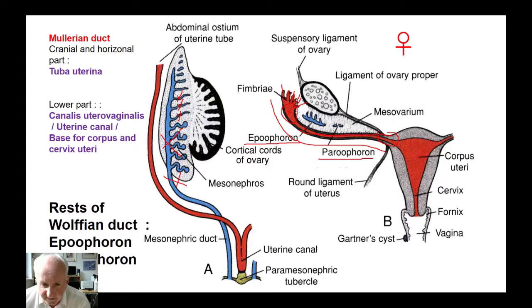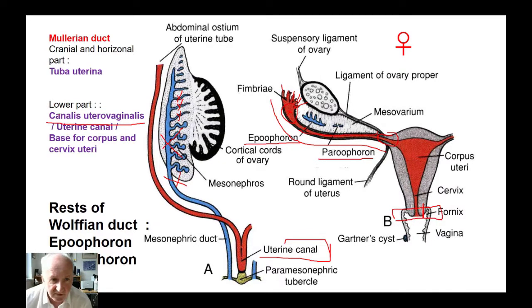This last part of the Müllerian duct is forming the uterine channel, or by another name, canalis uterovaginalis, the base of the corpus of the uterus, and the cervix of the uterus, and a small part of the vagina.